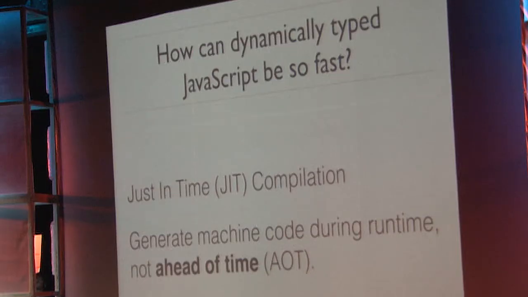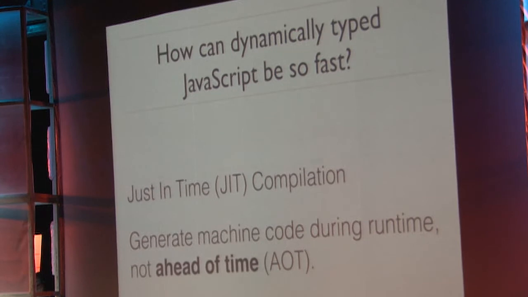The trick that all modern JavaScript engines use, including V8, which is the engine in Node.js, is so-called just-in-time compilation, JIT compilation. It's sometimes also called lazy compilation, because the compiler compiles the source code just in time as it needs it. So it's very lazy.